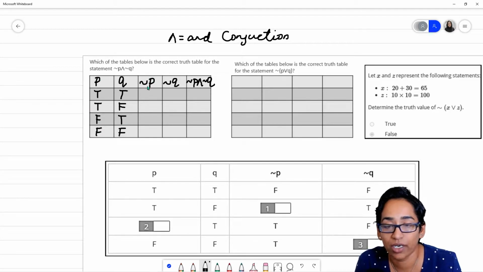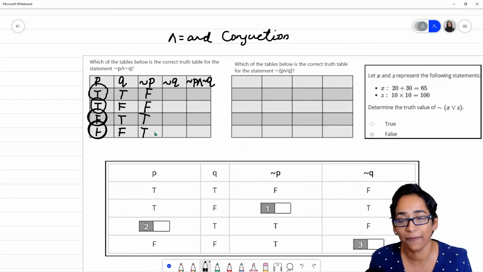Now let's go ahead and look at negation P. My P is true, so negation P is false. My P is true, so negation P is false. My P is false, so negation P is true. My P is false, so negation P is true. Do you see that?